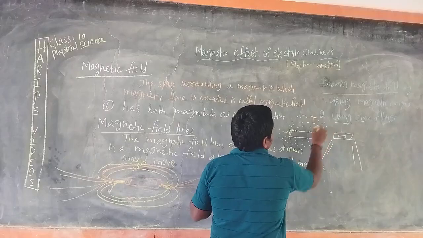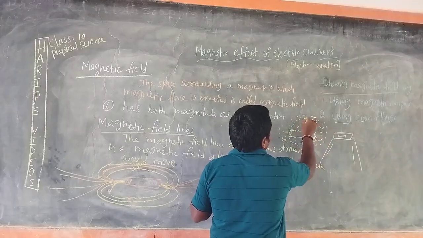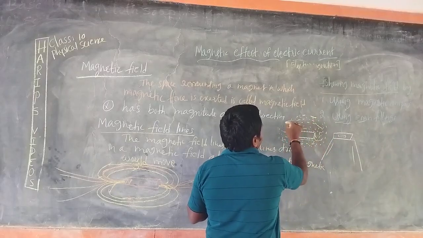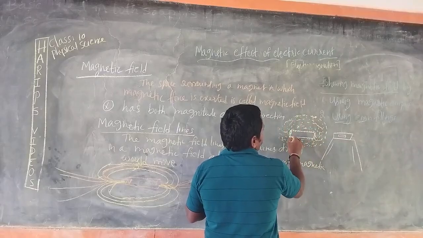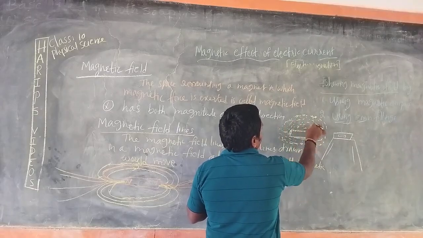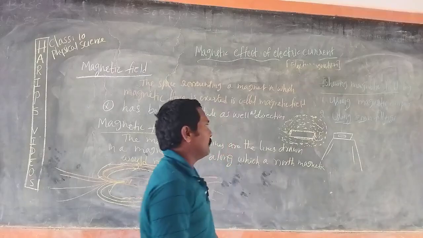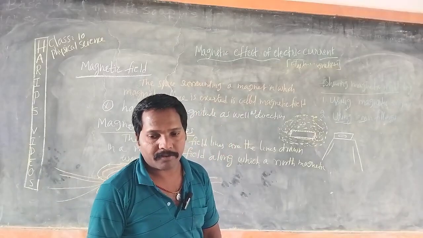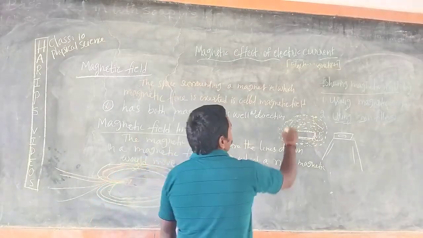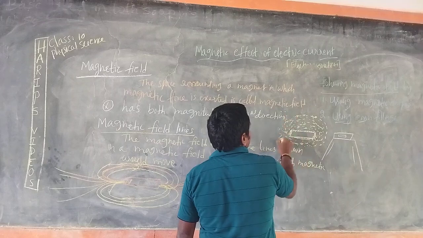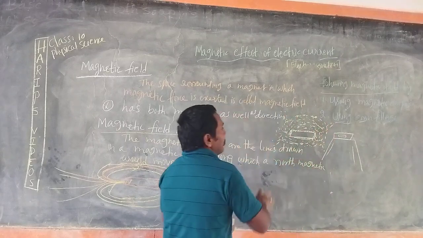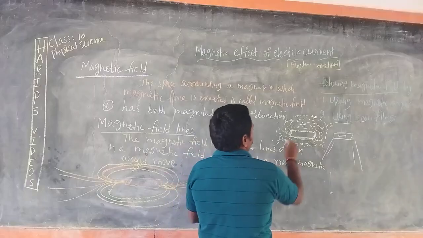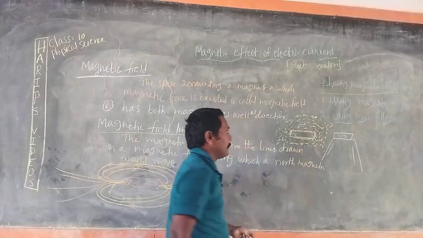So it gives a different pattern around the magnet. This pattern is known as the magnetic field.